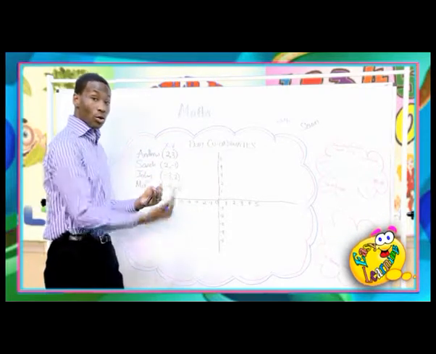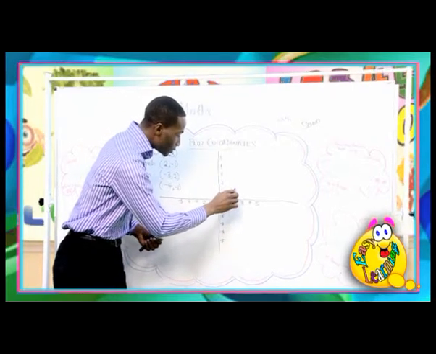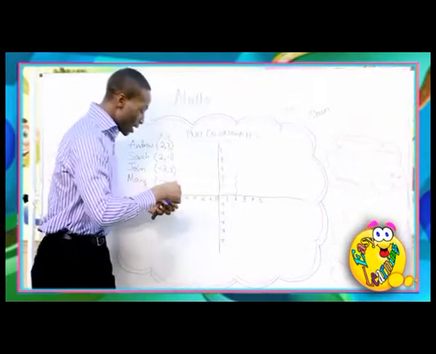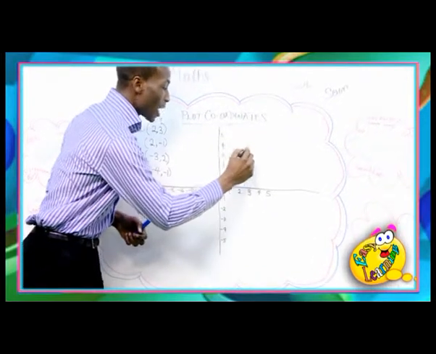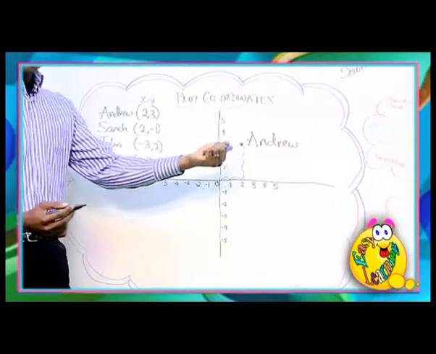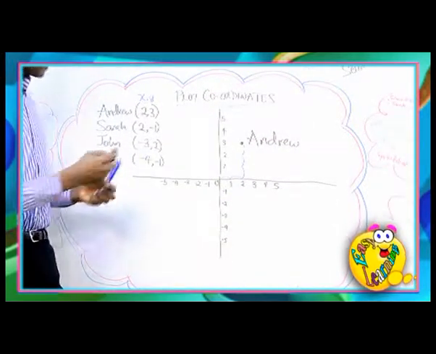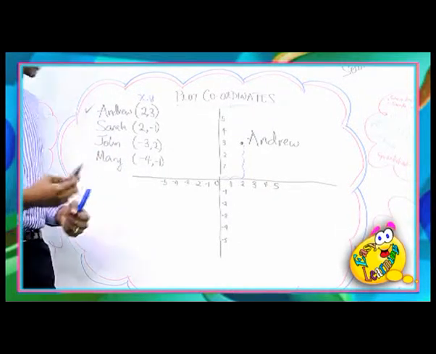That means we need to go up. So we move up 1, 2, 3. So we've gotten the spot for Andrew. Andrew is very happy. Yay! That's Andrew's point. Let's give Andrew a tick.